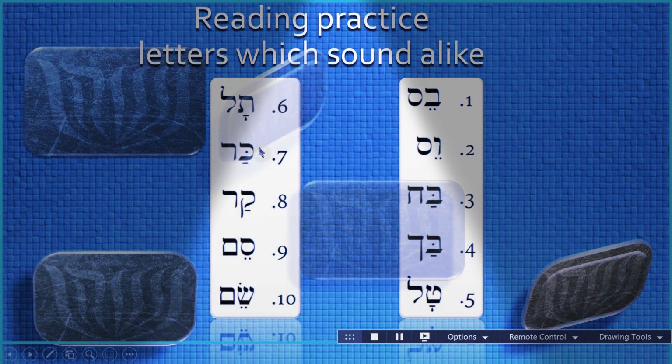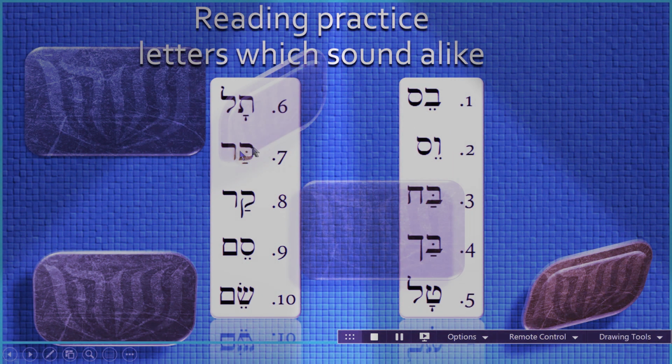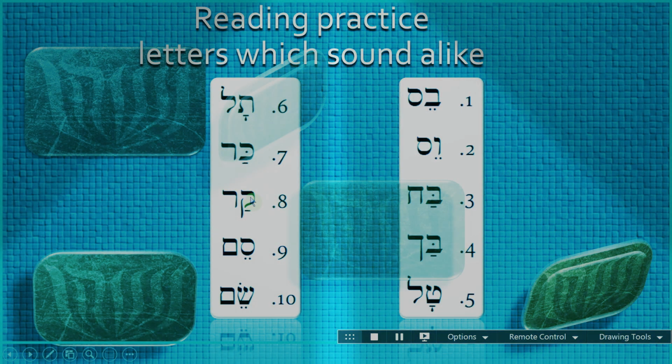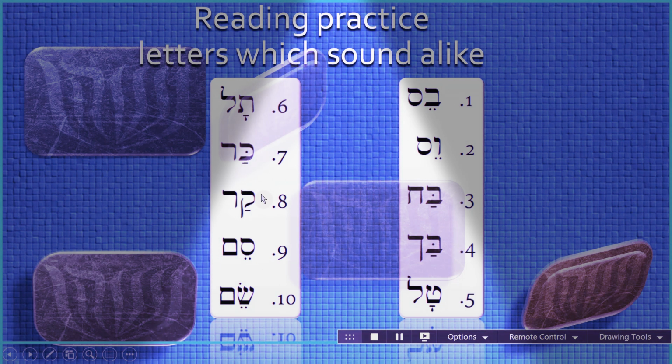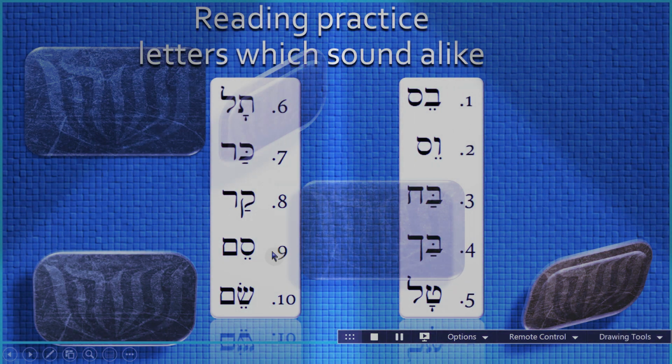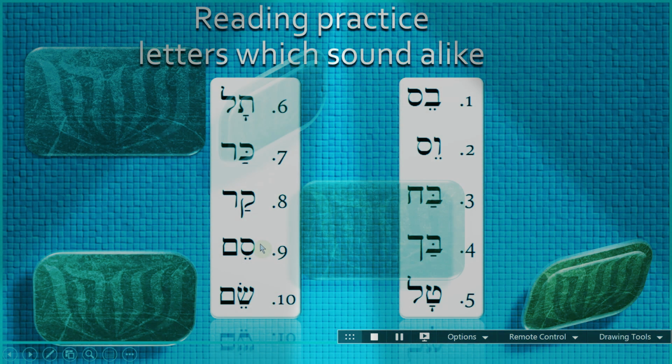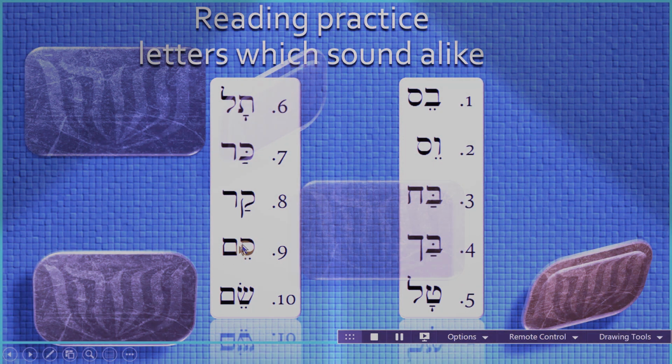Number 7, kal. Number 8, the same, kal. Although we transliterate this one as a Q and this one as a K, for practical purposes, it's the same sound.